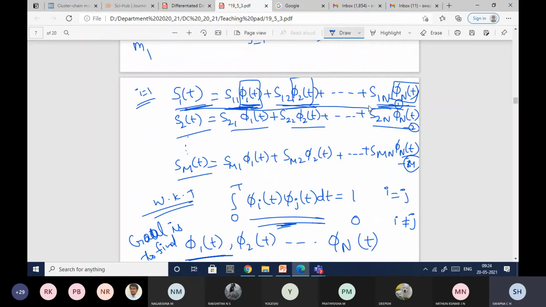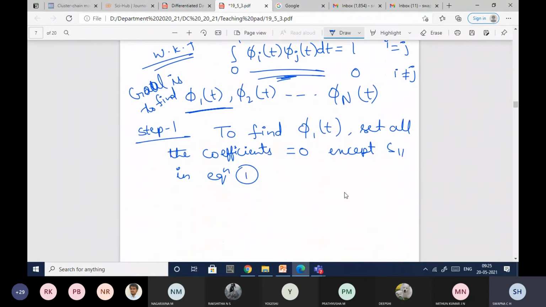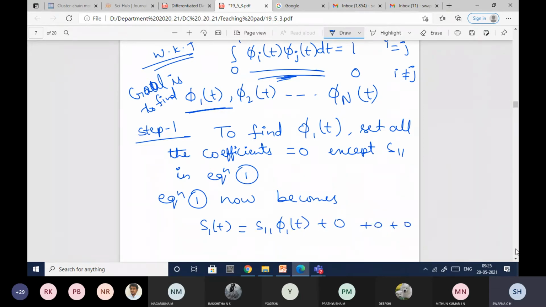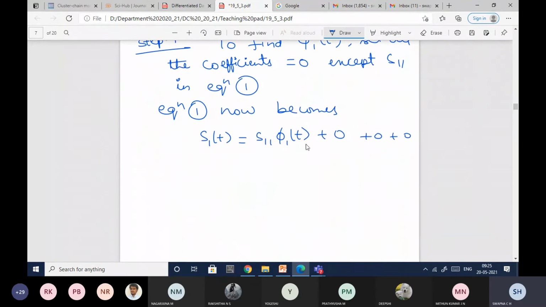In this equation 1, I need to set all other coefficients equal to 0 except this S11. In that case, equation 1 now becomes S1 of t is equal to S11 phi 1 of t, plus the rest all terms will be equal to 0, so I need not write those terms. Why is it 0?